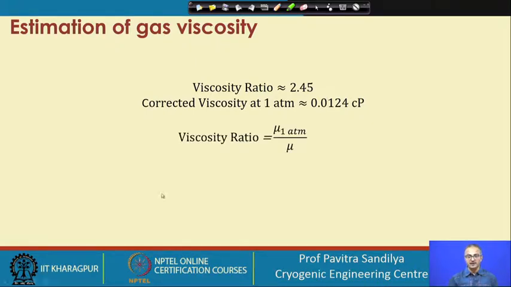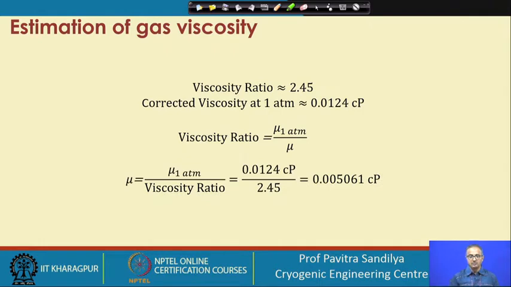The viscosity ratio is defined as the viscosity at the given pressure to the viscosity at 1 atmosphere, that is 14.7 psia. So the actual viscosity is the viscosity at 1 atmosphere times the viscosity ratio, and we get this value. So we find that with the increase in the pressure, the viscosity has reduced.